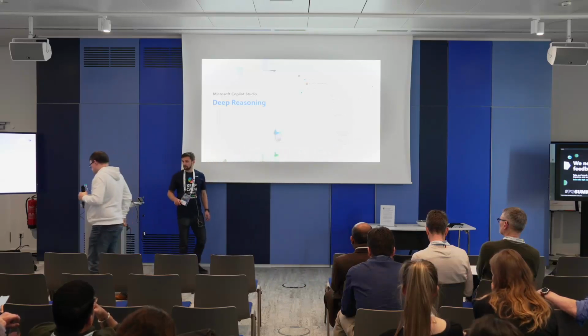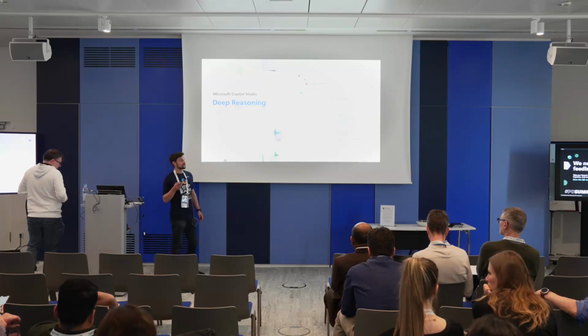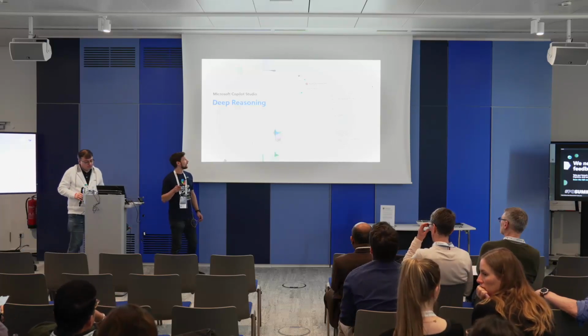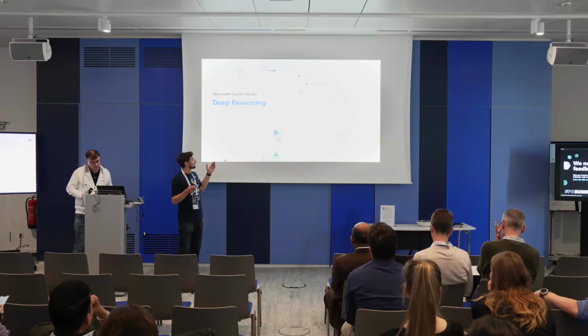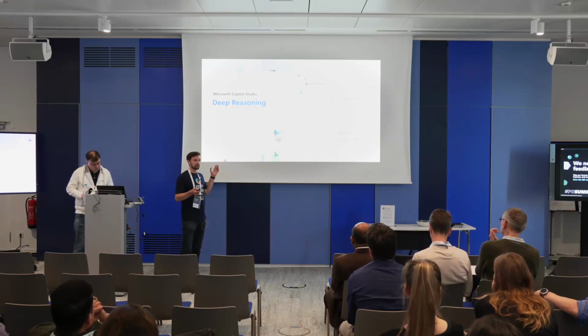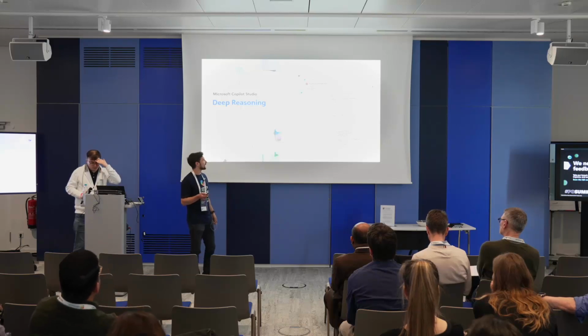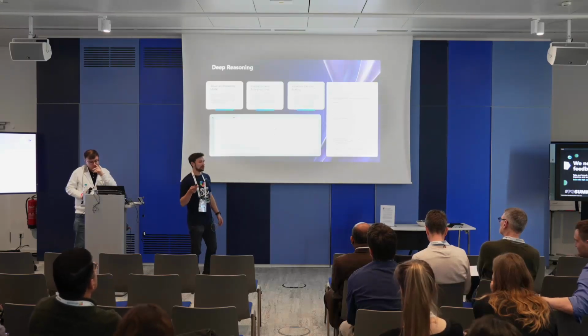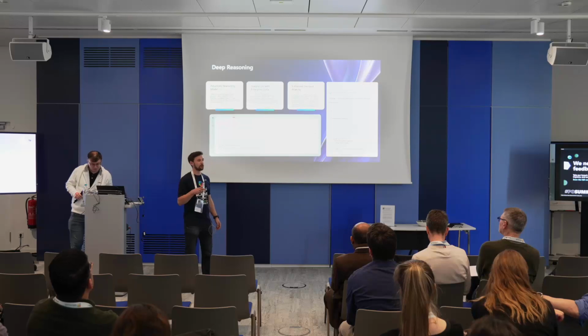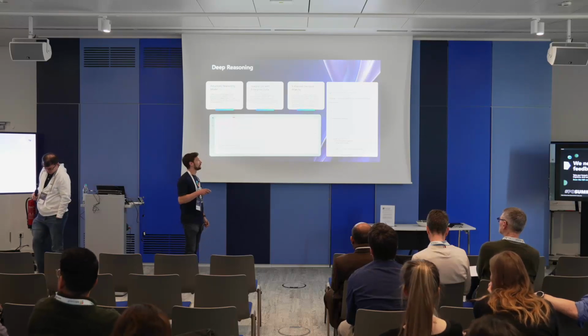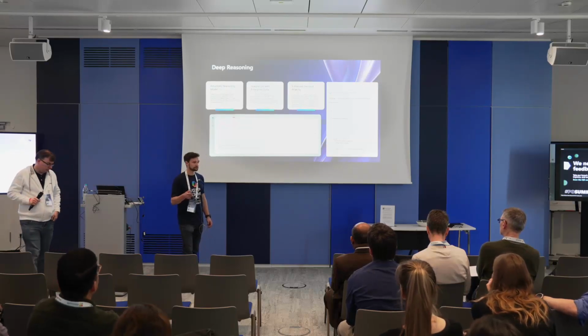Okay, yeah, so we have 2 more extensions for Copilot Studio as well. It's basically a little bit of what I was talking about earlier with the new agents we're having. We get deep reasoning in Copilot Studio, so we can build our own agents now that can use deep reasoning.